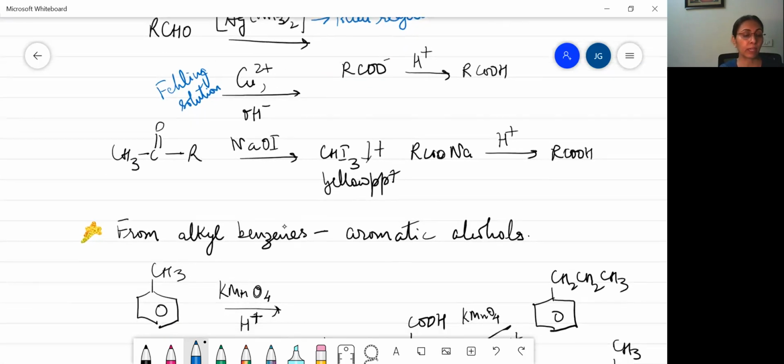Another reaction that we had done was the iodoform reaction, the iodoform test also.